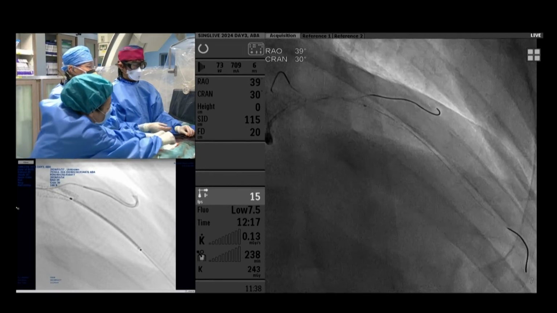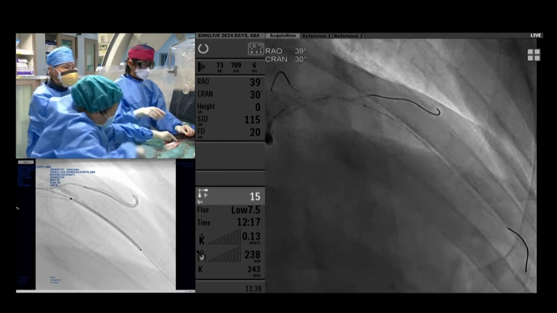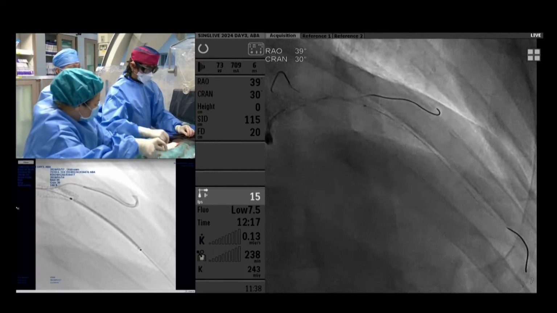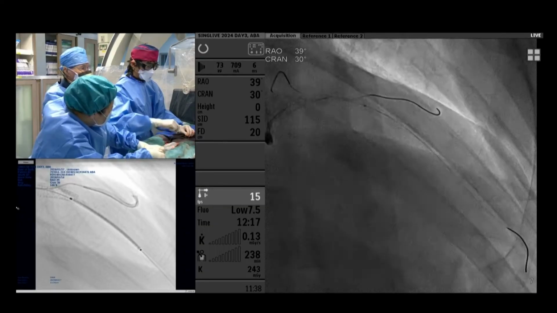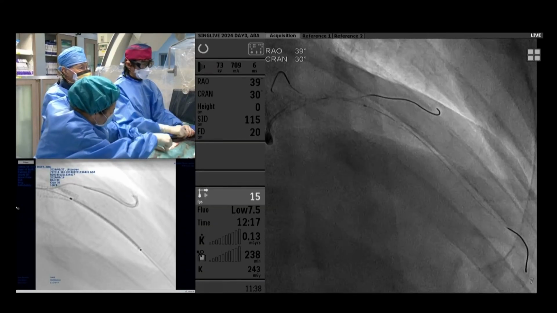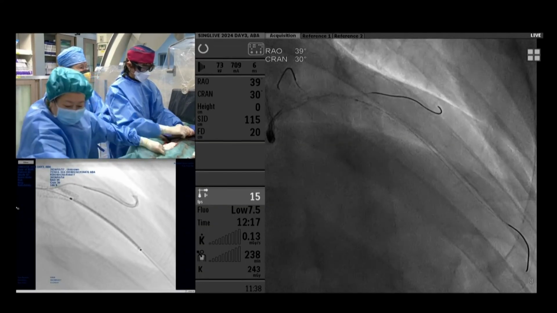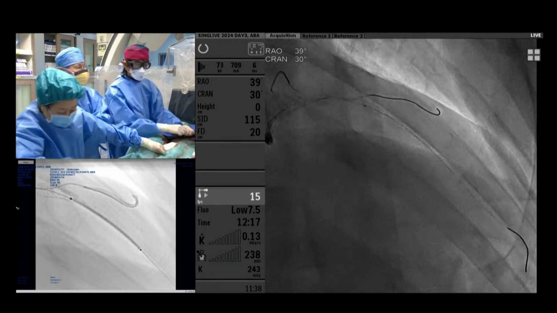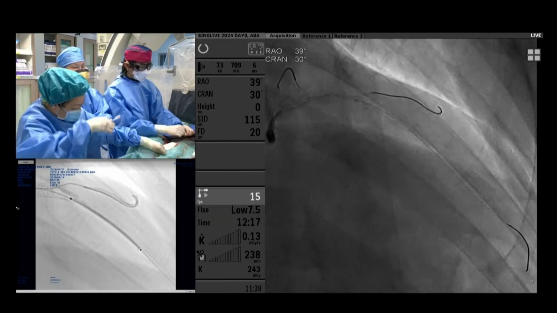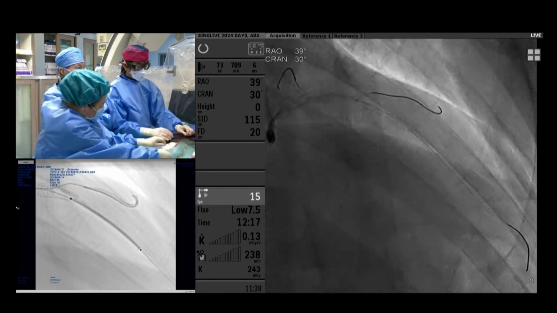And then the other thing, as one of the doctors mentioned, is that you need to POT it, because otherwise, if you should lose your wires, it could be a disaster trying to get in.